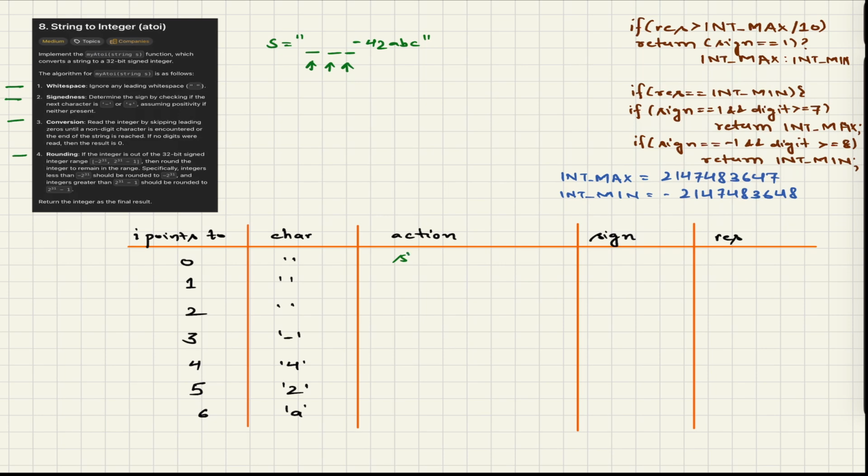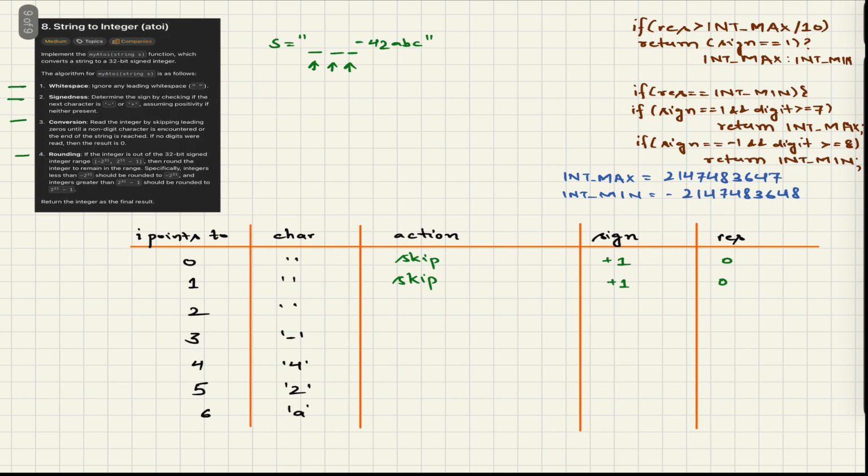My action will be just skip it. By default, my sign remains +1, and my result is 0 right now. Then i moves to the second one, and it's still an empty space. So my action would be to skip it. My sign remains the same, and my result is 0.